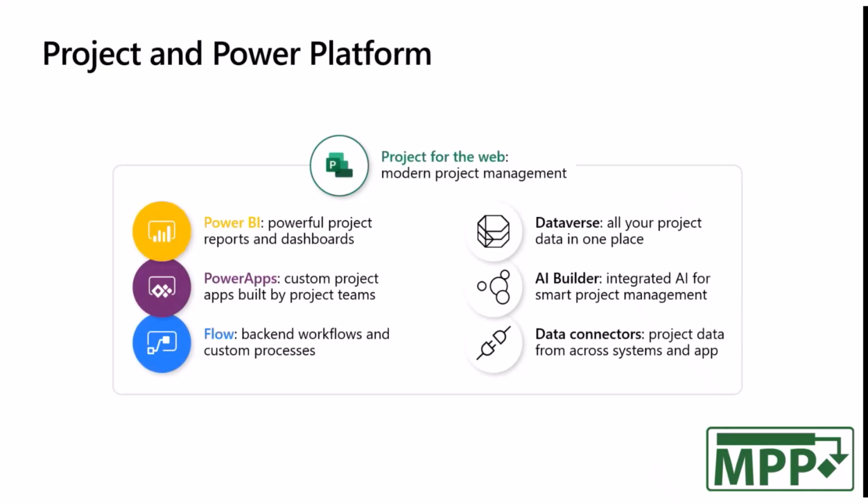When we think about Project and the Power Platform, you can see that all of these different apps we've been talking about, Power BI for reporting, Power Apps for the actual design and development, and Flow, now known as Automate, all work in conjunction with Project for the Web.